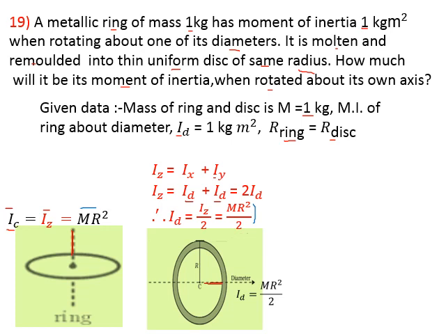Now this ring which is given here, what is happening here? It is molten and remolded into a uniform disc, like this. ठीक है? Mass and radius are the same, but the ring is converted into a disc. We have to find out moment of inertia of this disc about its own axis, this is the axis of that disc.